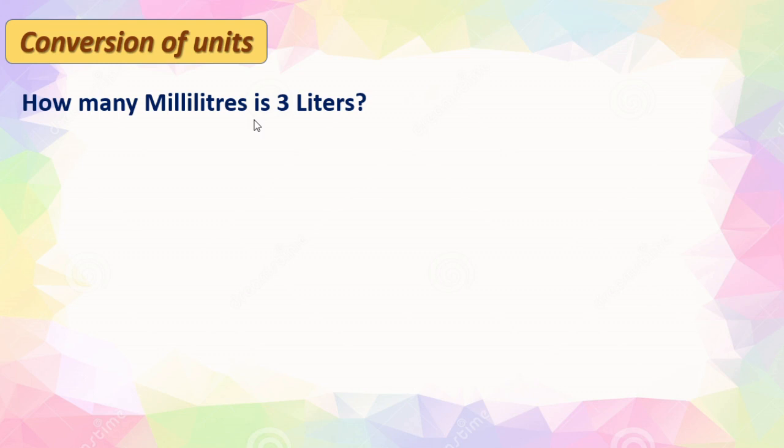Now here also we will try to convert the given units. How many milliliters is 3 liters? Come on, tell me. We are going to convert these liters into milliliters. How to convert? You know that 1 liter is equal to 1000 milliliter.